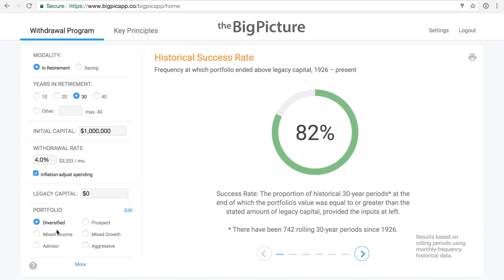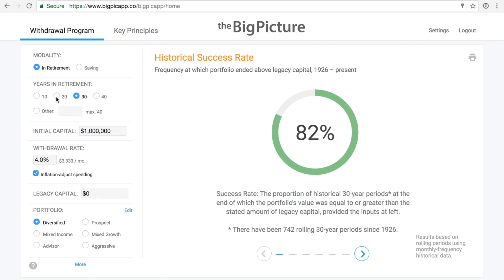Now, the app is taking the diversified portfolio and backtesting it over every single rolling 30-year period that has ever been experienced in the market, starting in 1926. Since we have monthly frequency historical return data, there have been about 750 rolling 30-year periods since that time. Now, I say 30 years because that's the retirement horizon we've chosen to look at, but it could be any length.